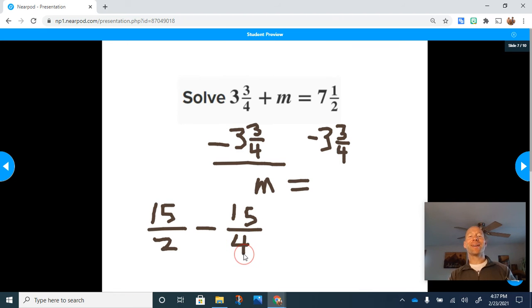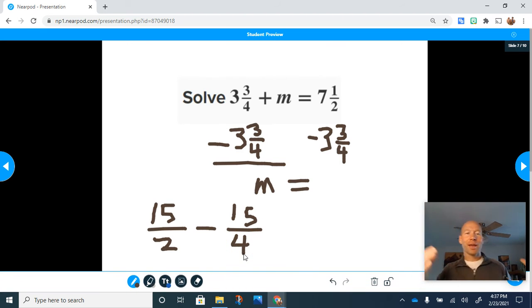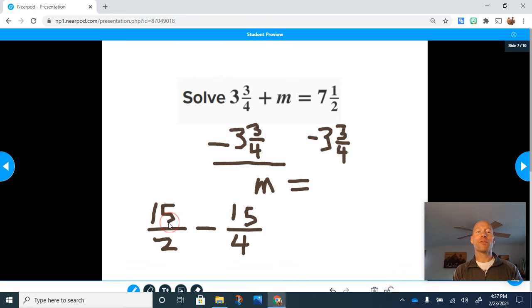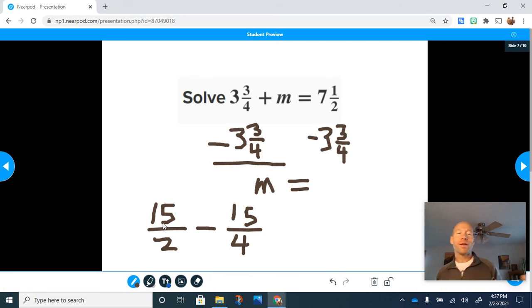So now I have halves on the left side and fourths on the right side. Well, with 15 halves, we cannot subtract a fourth from a half, right? These have different denominators, so we need to change the denominator of 15 halves. And 15 halves is the same as what?